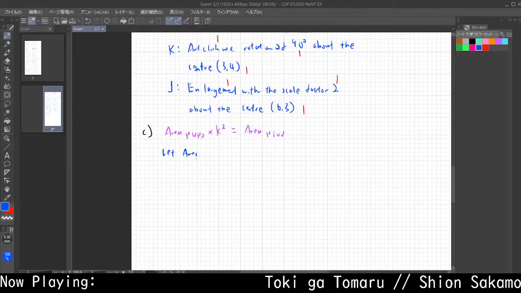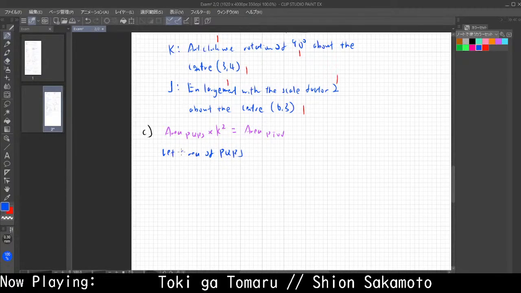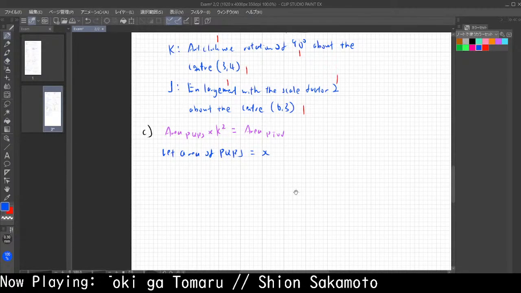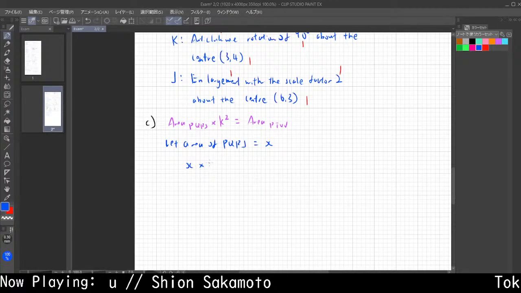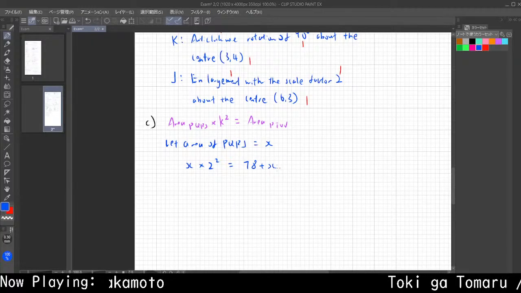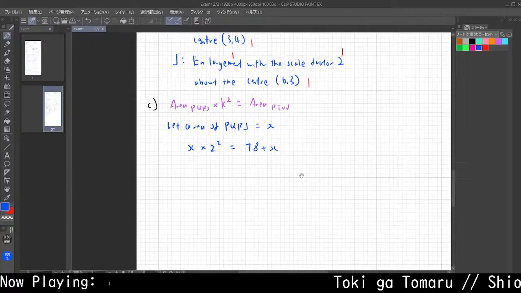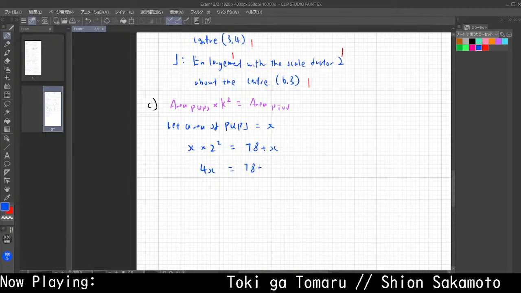Therefore, the steps will be as follows. Let the area of PQRS be equal to x. So x times k, in this case 2, so 2 squared, equals 78 plus x. 2 squared is 4. 4x equals 78 plus x.